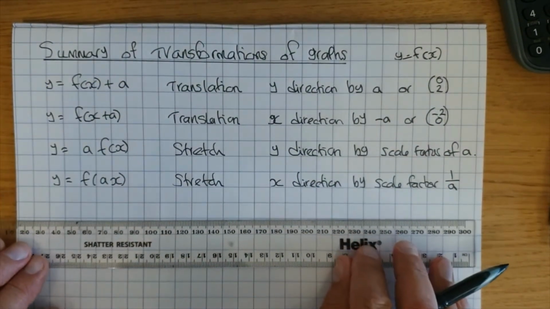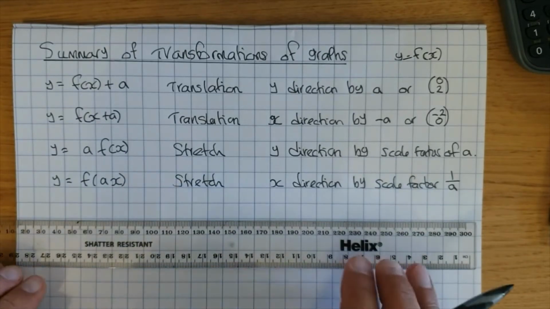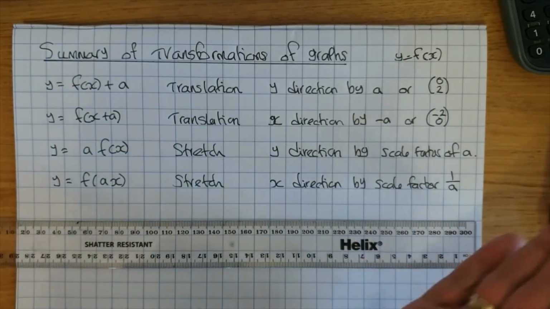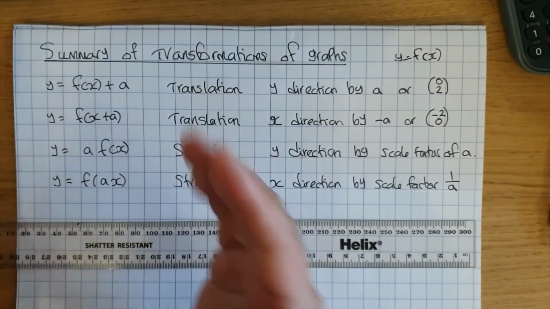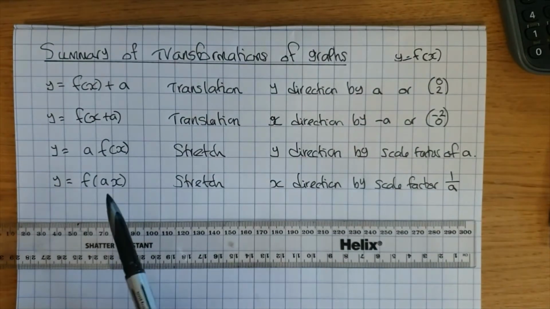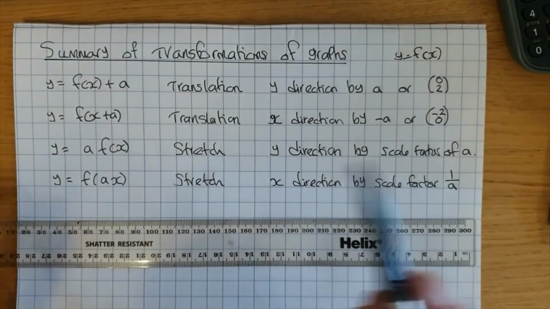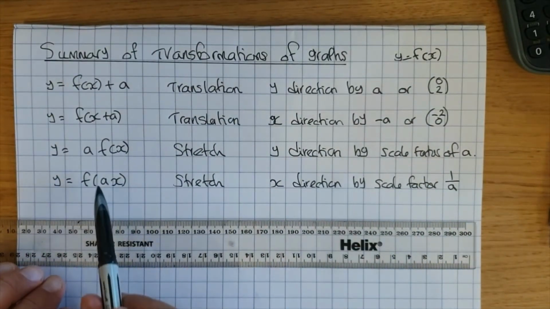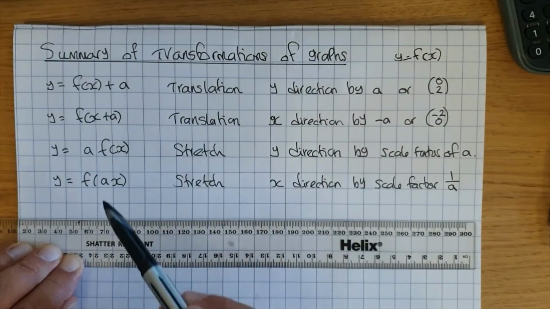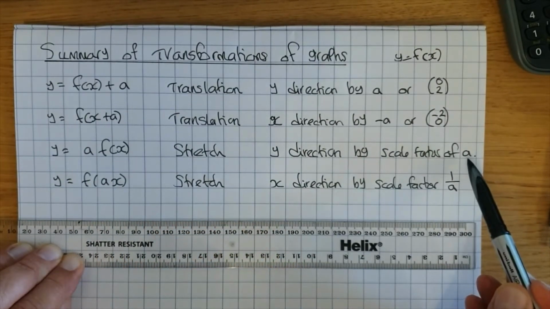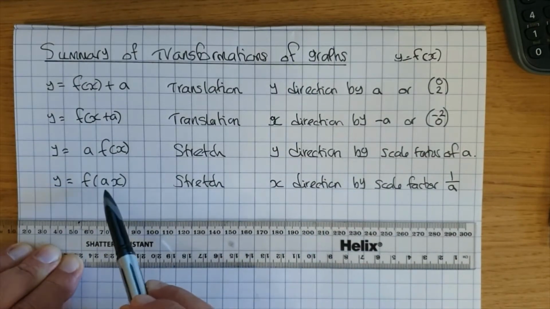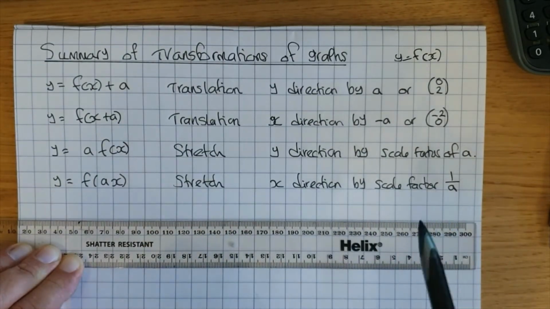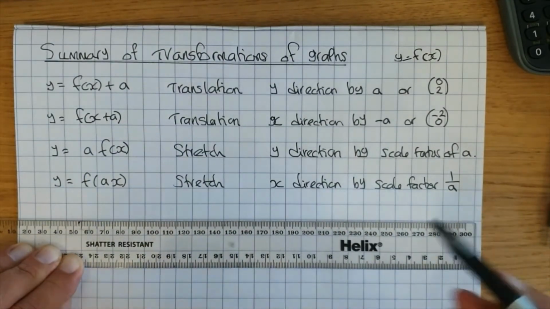So we produced what some people call a compression, but what is technically a stretch by scale factor 1 over a. So if there's a 3 in here, the graph effectively becomes 1/3 as wide. If, however, a is a fraction, which it could be, a could be a half, the graph would be twice as wide. So it does the opposite of what we expect, and it does it in the x direction, and the a is inside the function. So the same thing applies. Outside the function, it does what we expect in the y direction. When the multiplier a, whatever a is, it's just some number, is inside the function, it does it in the x direction, and it does the opposite of what we'd expect.